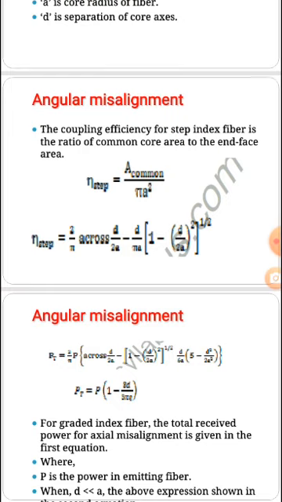If D is very small compared to A, then the above expression can be simplified like this. It's very simple, and we have to go for the second equation. We have to make D very much less than A, like 100 times less than A, or 75 times or 80 times less than A. Then angular misalignment can be reduced.